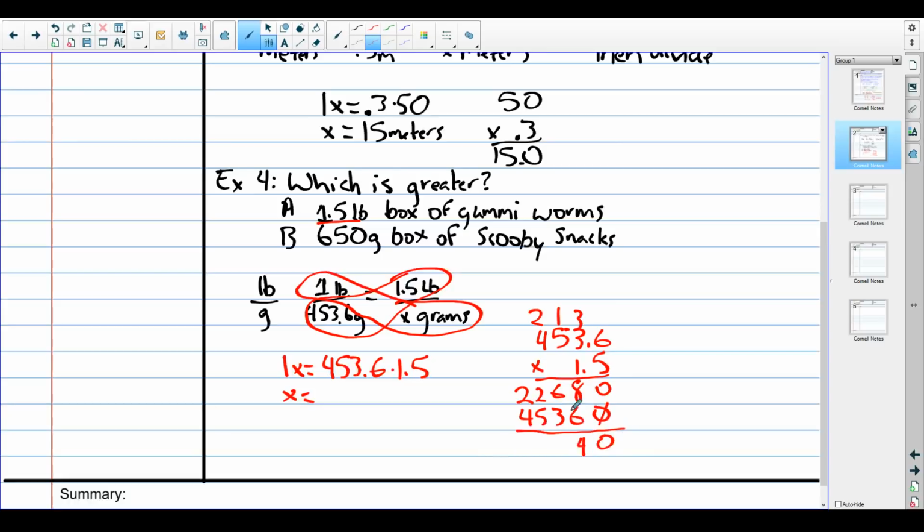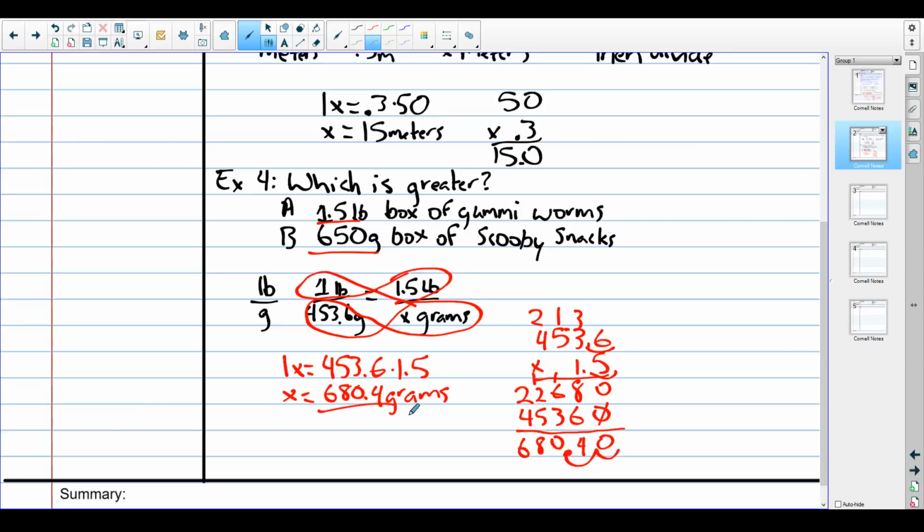Now add: 0, 4. Carry the 1. 10, 8, 6. 1 decimal place on top and 1 decimal on the bottom means we have 2 in our answer. So this is 680.4 grams. Once we have these two, we have 680.4 compared to 650.